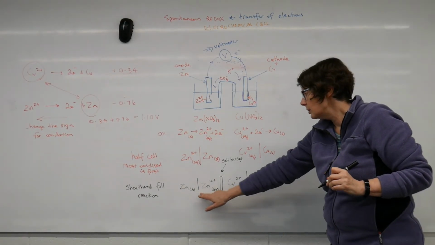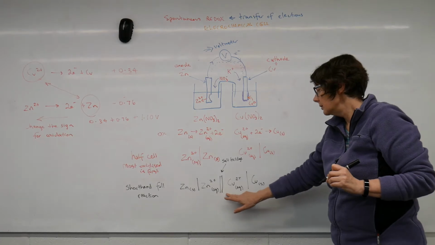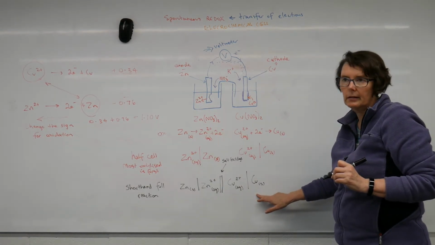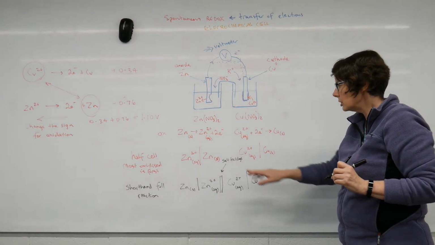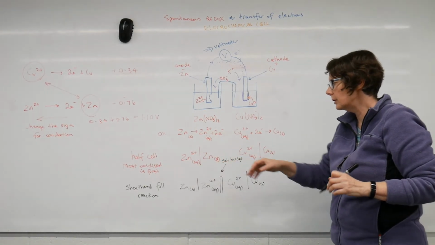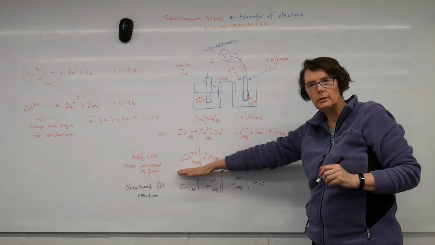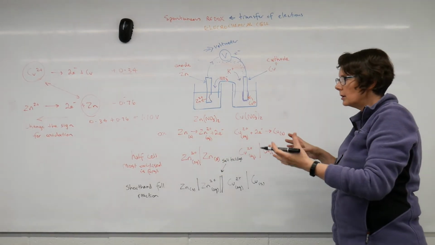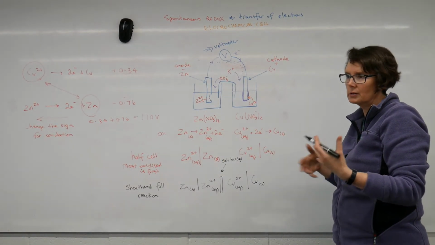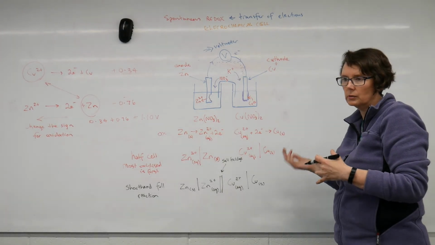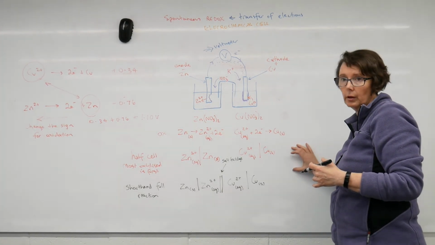This is being oxidized to this, and this is being reduced to that. All right, which is different to this half cell notation. So questions might give you this half cell notation so that they're not giving you the clue as to which one's going to be oxidized and which one's going to be reduced, so that you have to work that out yourself.